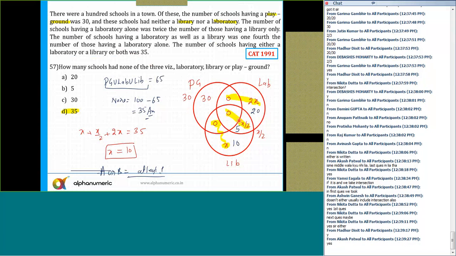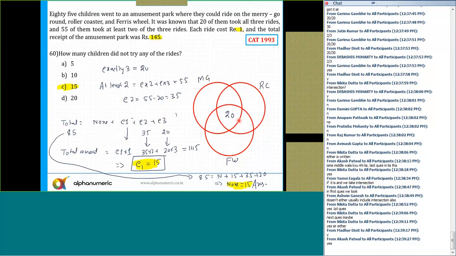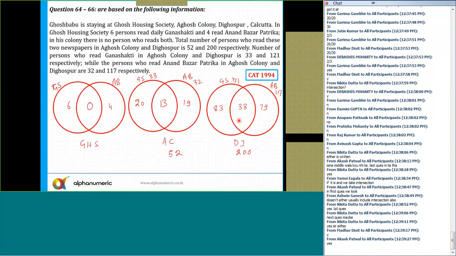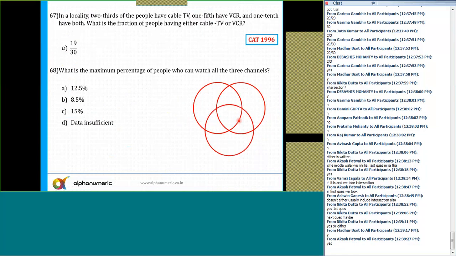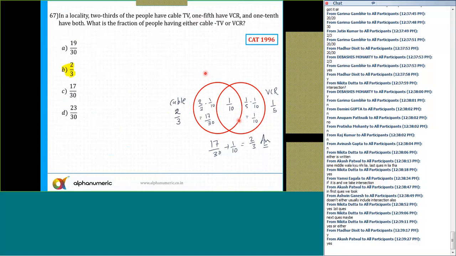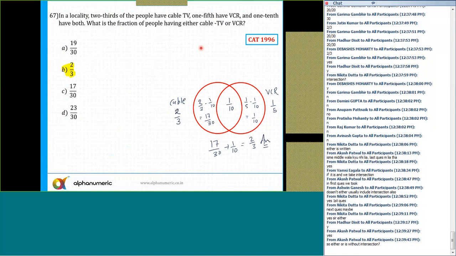But here in this question, is the term both mentioned, please tell me. No, right? Here the term both is not mentioned. Clear now? Either or we'll take without intersection. That's right, without intersection.